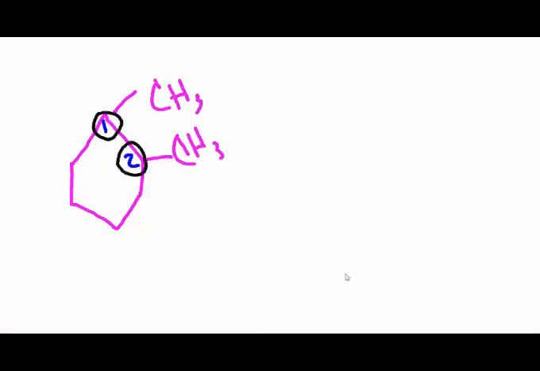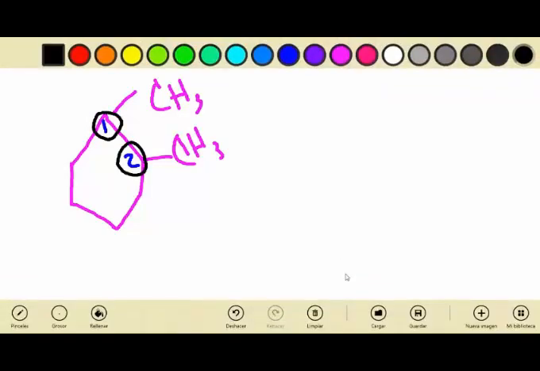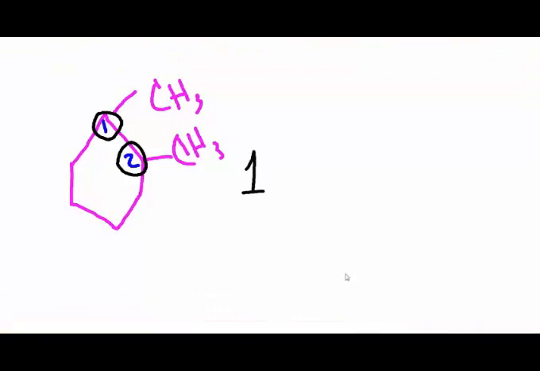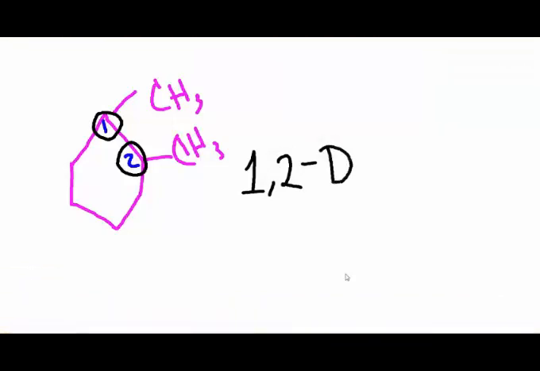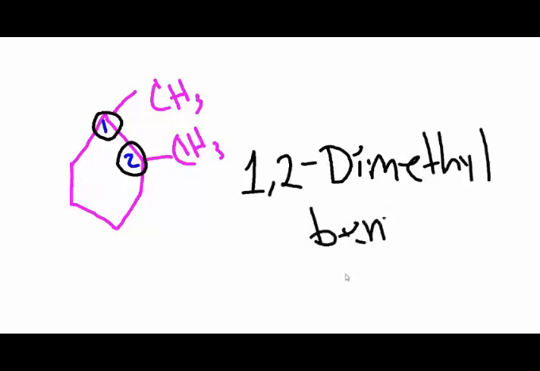In this case, it will be 1 and 2. Now, first of all, we're gonna write the numbers separated by a comma, 1, 2, and hyphen. And as both of them are methyl, we're gonna use the prefix di, and then we're gonna write methyl benzene.